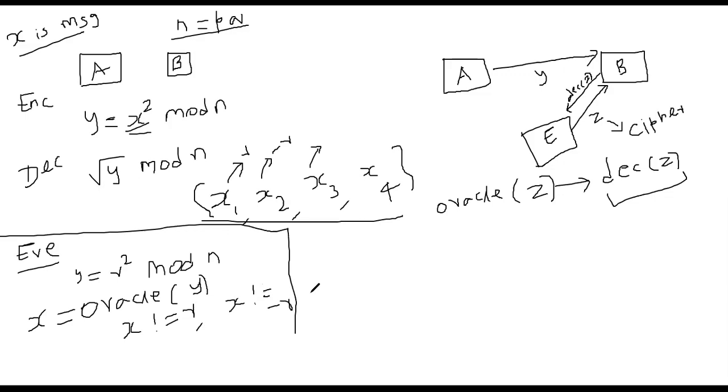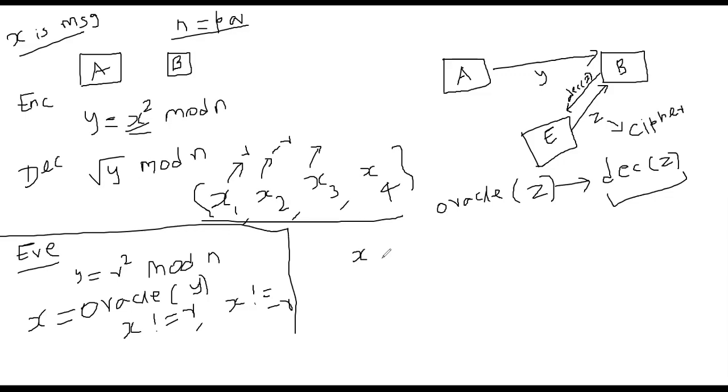Because you sent an encryption of R, it's going to give you back one of the 4 roots of Y. The problem now is what happens if the reply you get back is not the same as R or minus R. Let's say that scenario is true. We have a scenario where your X is different from R and minus R.